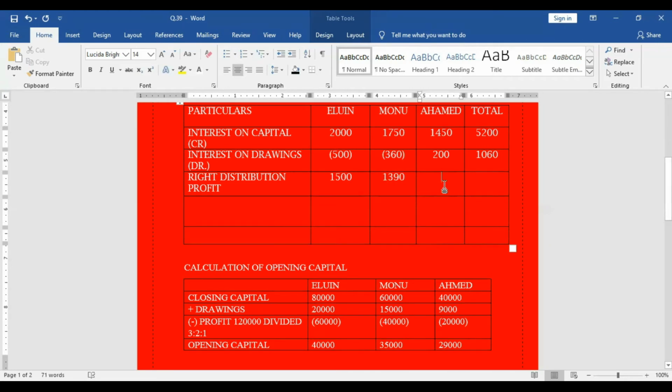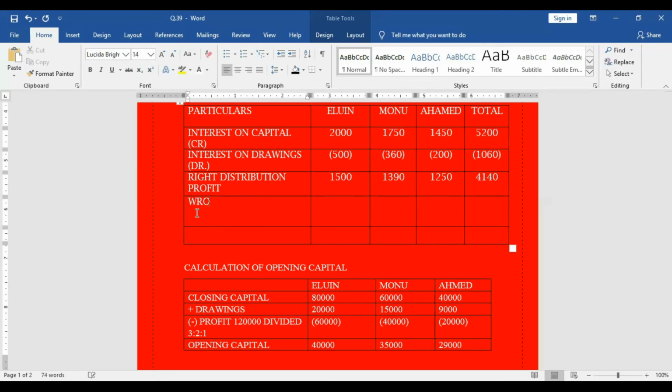For Ahmad it is 1,250. From the total 5,200, if you subtract 1,060, the right distributed total is 4,140.